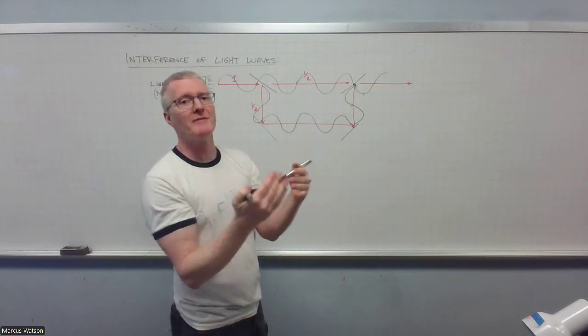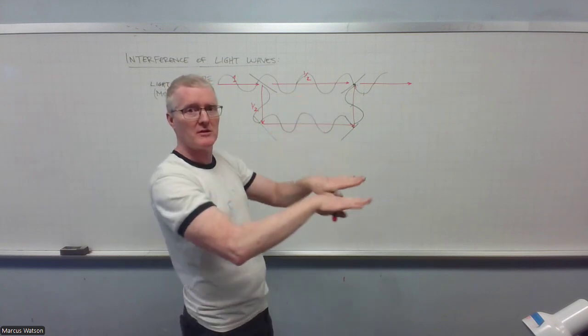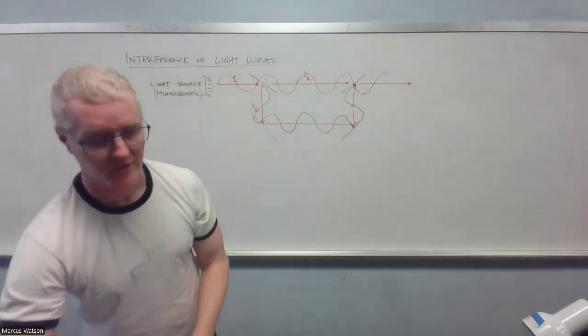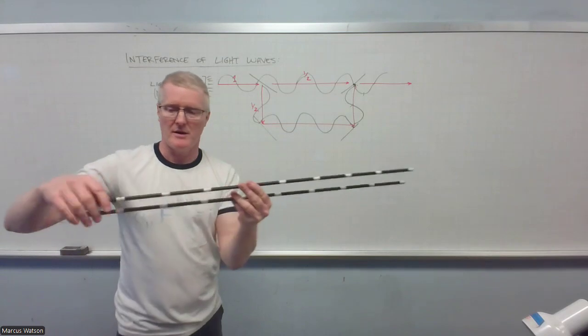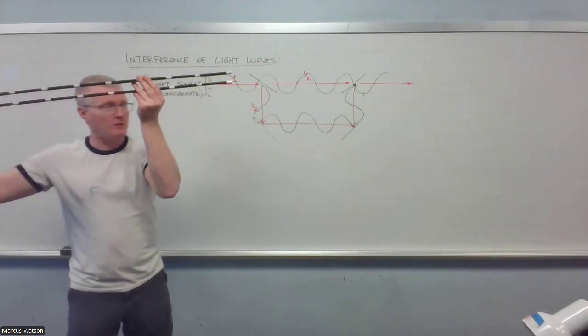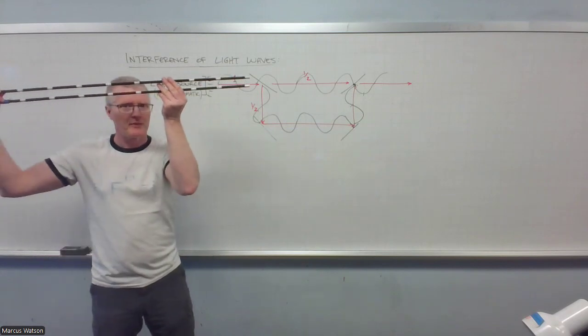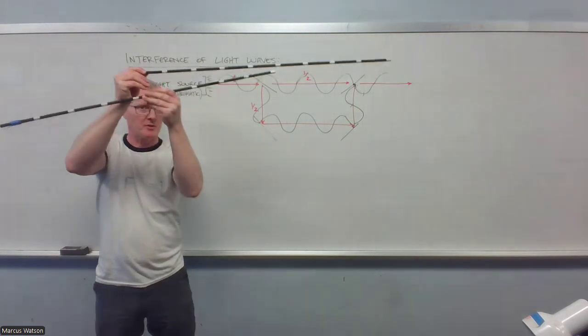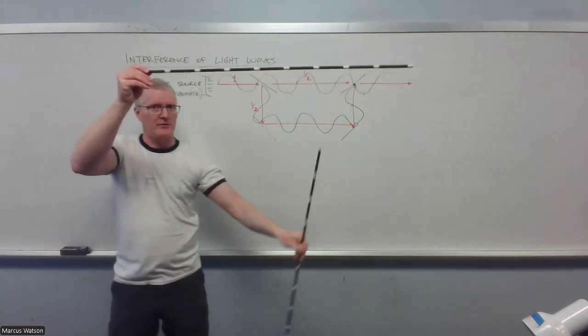But if I have a 2 wavelength phase difference, their peaks are still matching. In other words, if I go back to my interference sticks here, they come into the first mirror like this. This one keeps going and reaches there. This one goes down, around, back up.